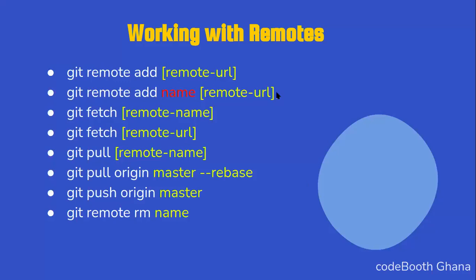Guys, so this is what Abdul just did. git remote add, then the remote URL. So this is always what you have to do. This command is used to link your local repository to the remote repository. This is the linkage. You have to use this to link it. Then the same thing, you can rename it. So that is the next command.